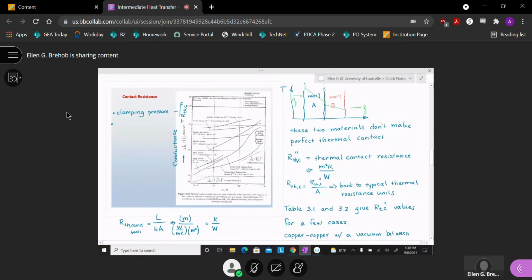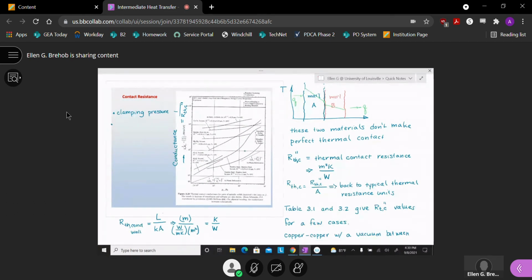If you can picture, I have these 2 chunks of material, and whether I'm pushing them together more forcefully or less forcefully, I think the idea is that as pressure increases, you can see the conductance increases. Or you think of it as the resistance is decreasing, and that kind of makes sense.